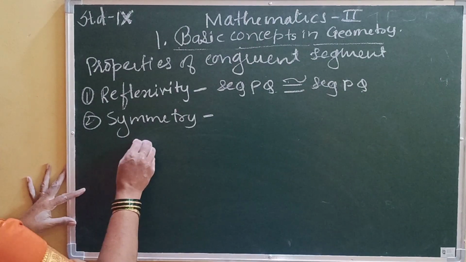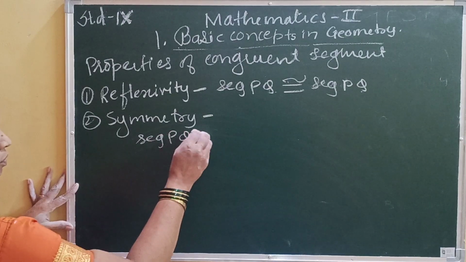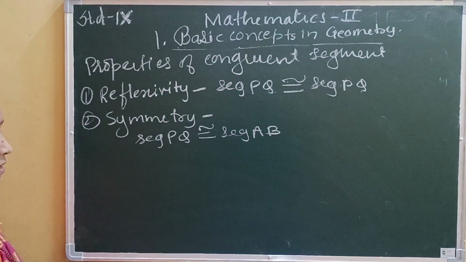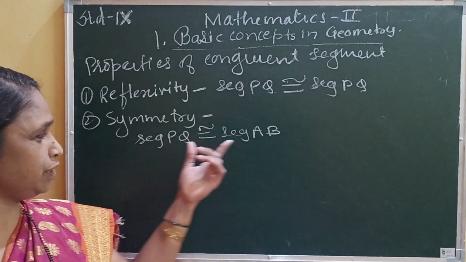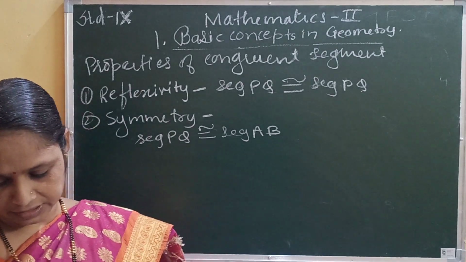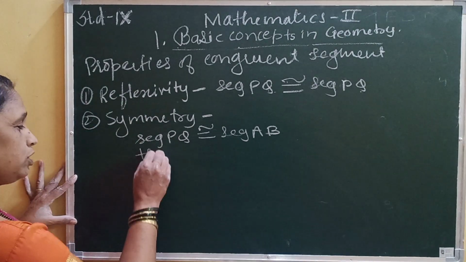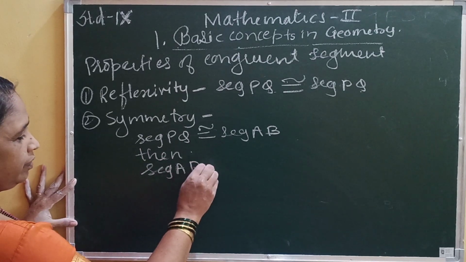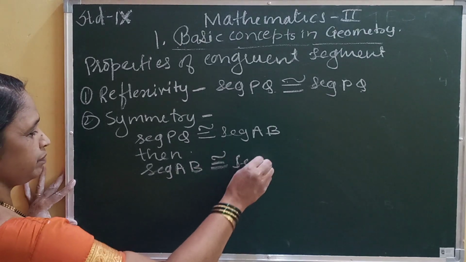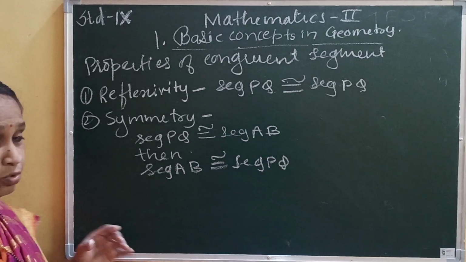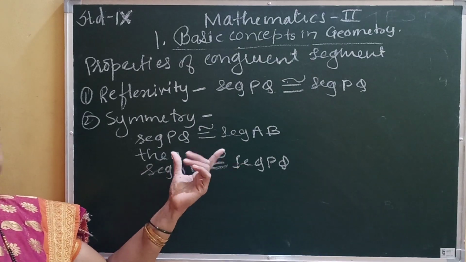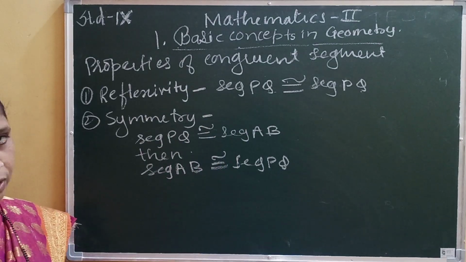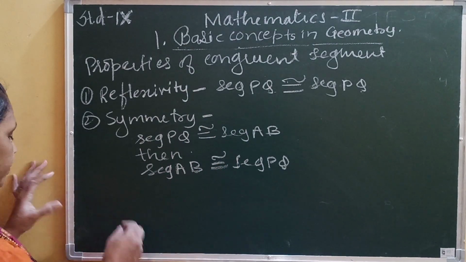If segment PQ is congruent to segment AB, then segment AB will also be congruent to segment PQ. Two segments are congruent to each other in symmetry. If PQ is congruent to AB, then AB is also congruent to PQ. This is the second property, symmetry.